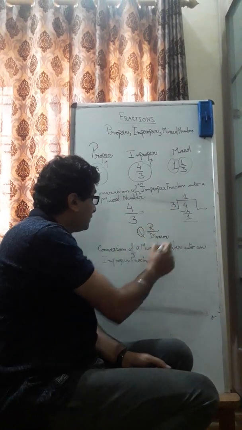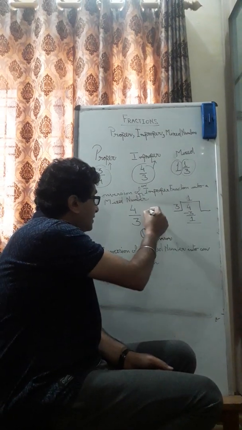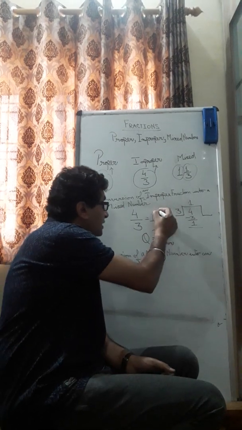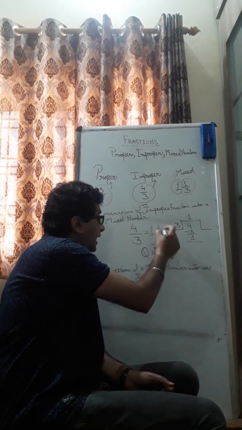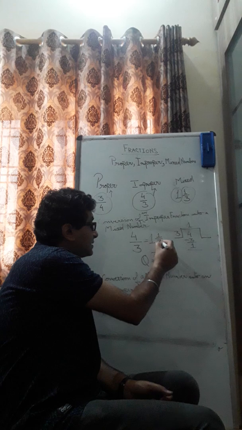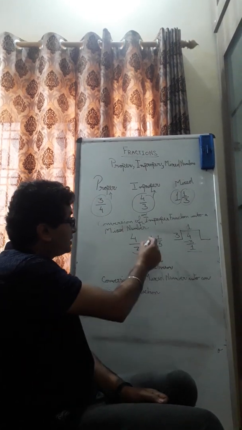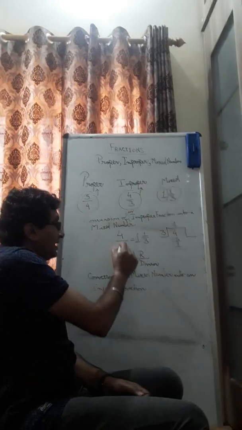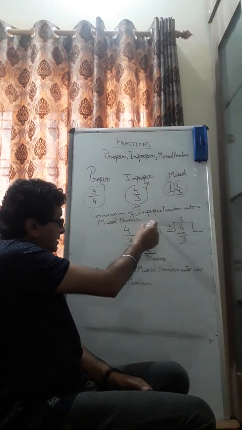So let's substitute this. What's the quotient? It's 1. What's the remainder? It's 1. And what's the divisor? It's 3. So you see, 1 1 by 3. I had converted that, so this is your answer.